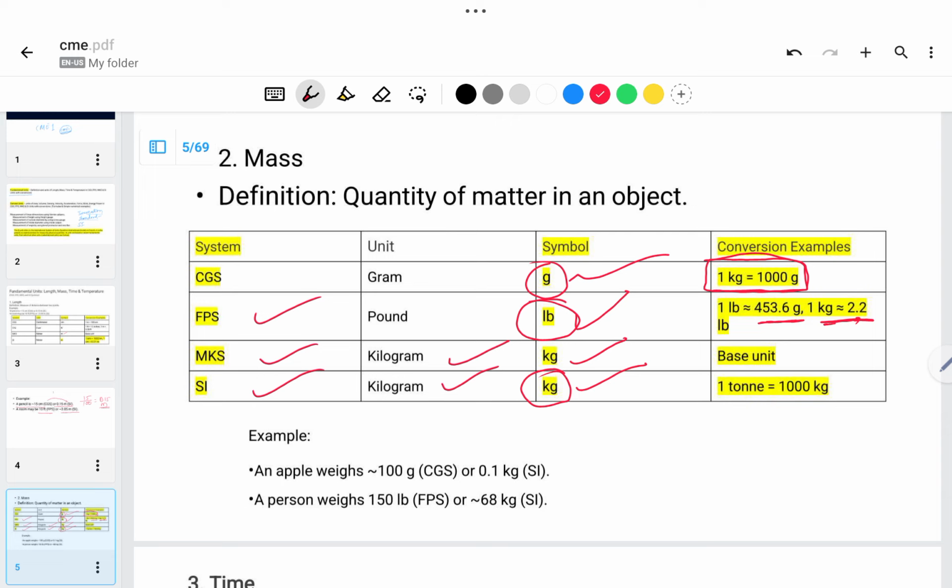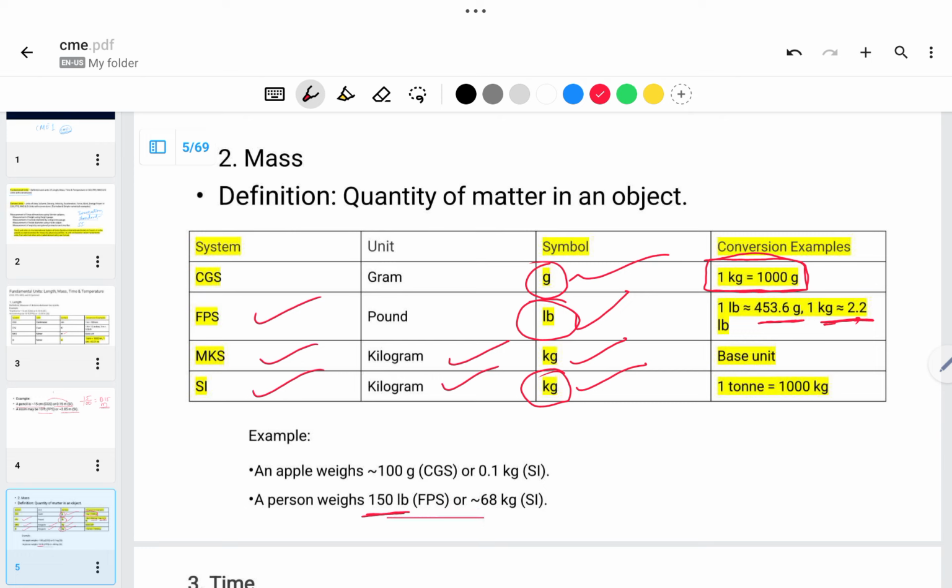So if you measure something and it is 150 lb, lb means pound, then the actual weight will be 68 kg.